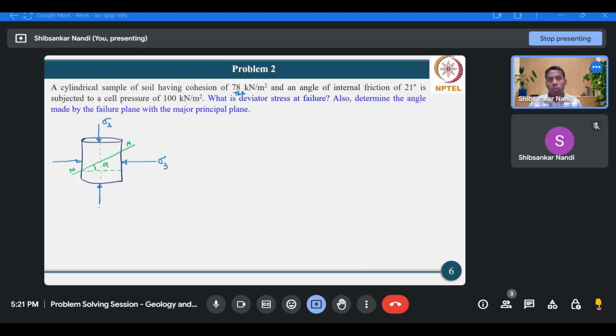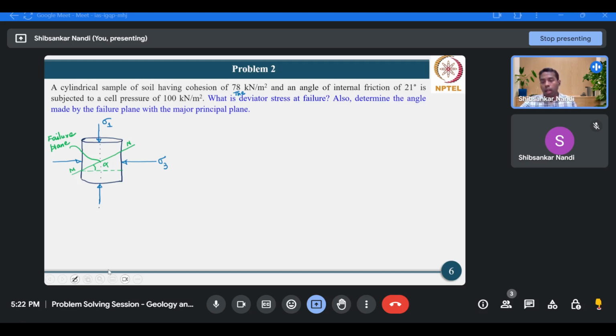So we need to figure out what is the actual magnitude of alpha considering the given inputs, considering the laboratory conditions. So this is the failure plane. So these are the physical planes.